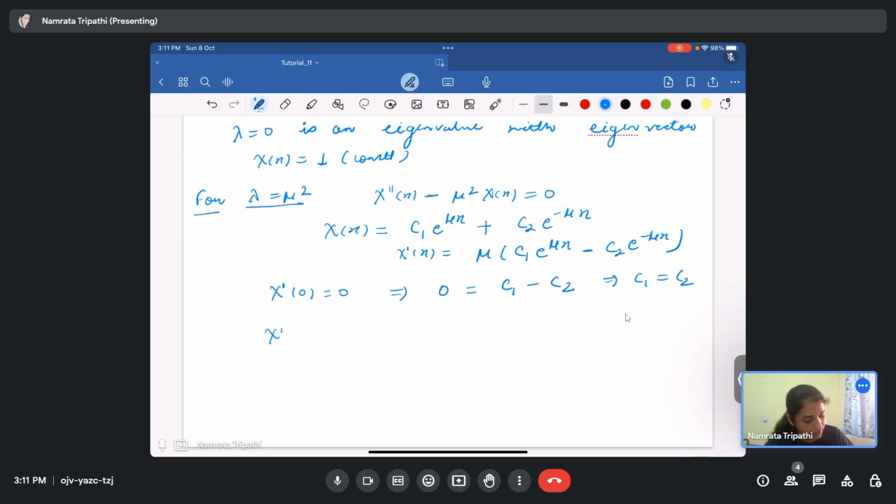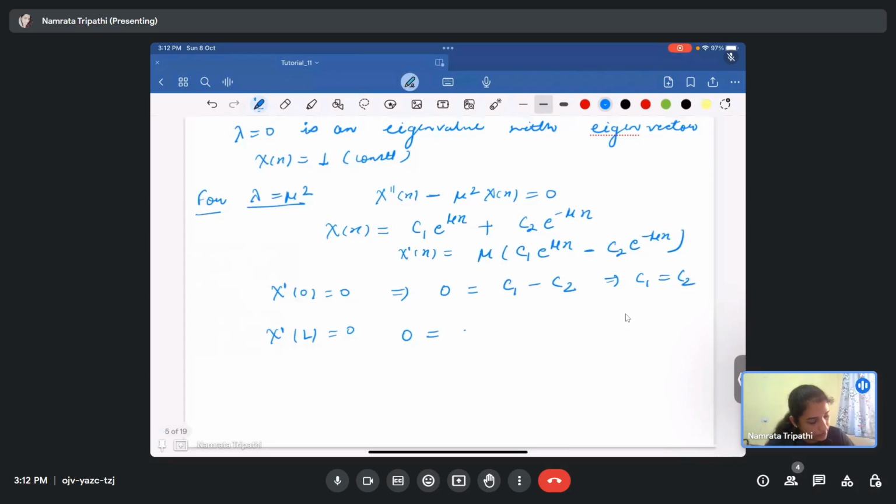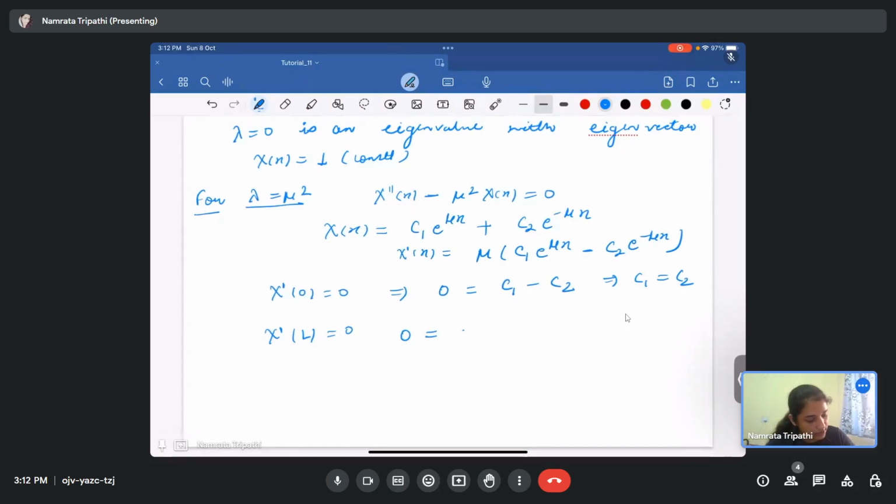When you apply the second condition, if you put c1 equal to c2 and take it outside, and convert it into sinh, e to the power mu L minus e to the power minus mu L. What will be the value of this expression?